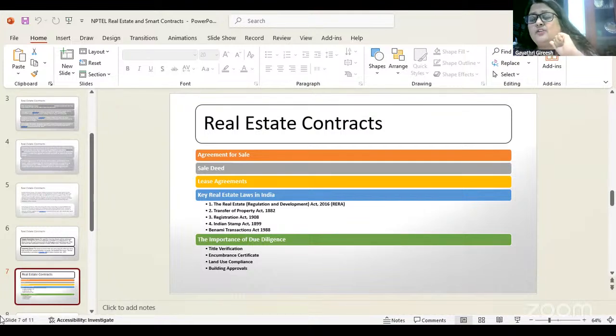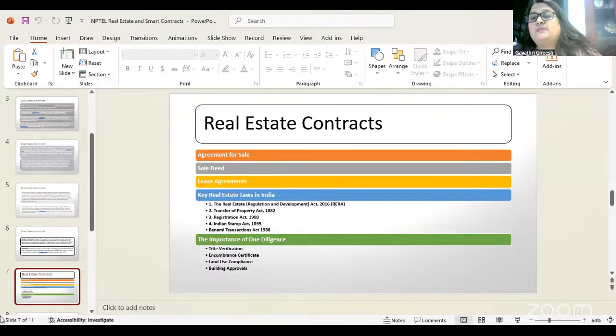What are title deed documents? Title deed documents are those which give you an entitlement of ownership of that property. So whenever you go to make a real estate contract transaction, please make a checklist of all the documents required for making you the appropriate owner of the land.